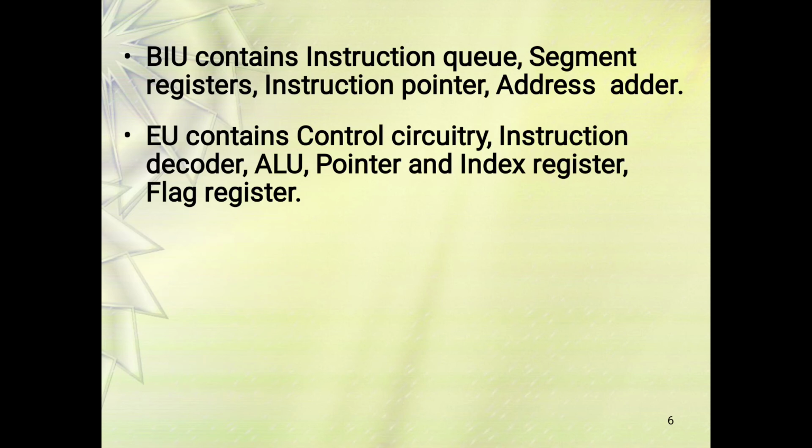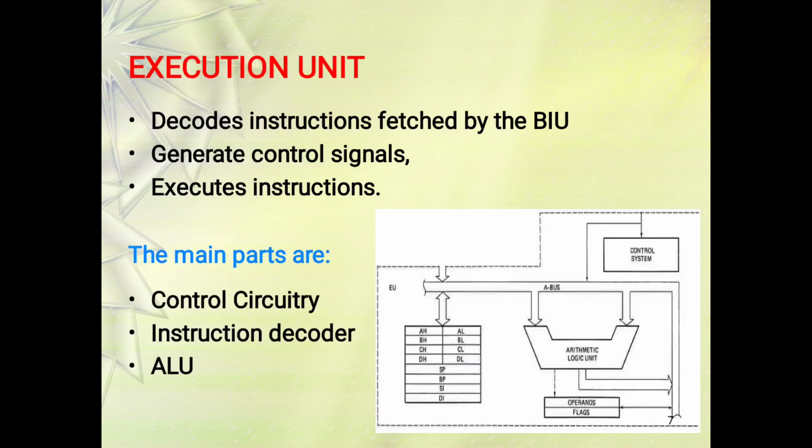There are also some flags used here: zero flag, sign flag, carry flag, auxiliary carry flag, like that. The instruction pointer will show where the instruction is stored in the memory. Therefore pointers and index registers are used here.